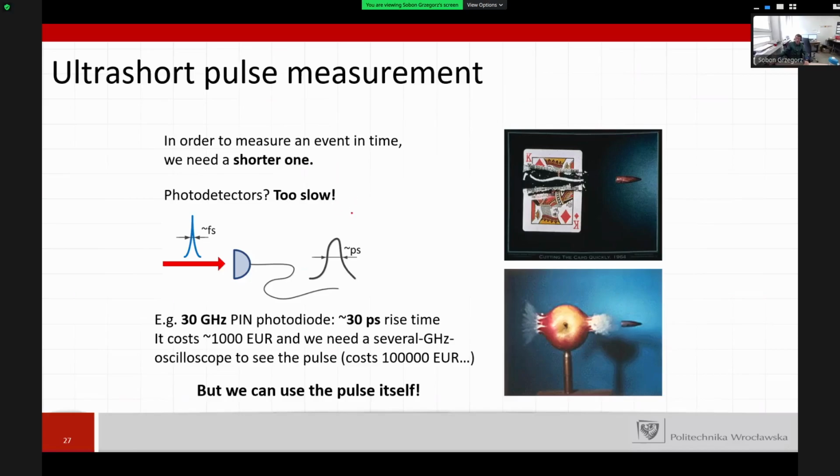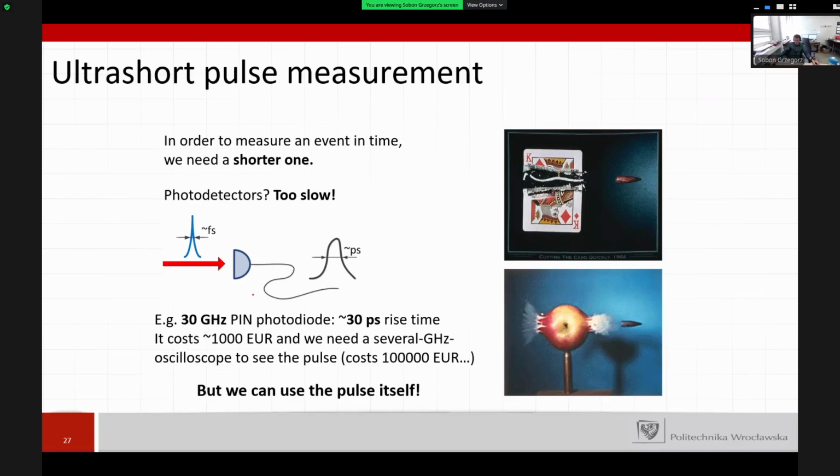So usually an oscilloscope has a bandwidth of hundreds of megahertz, maybe a few gigahertz, maybe tens of gigahertz. However, maybe a 10 gigahertz oscilloscope can resolve a pulse with a duration of 50, 60 picoseconds, right?